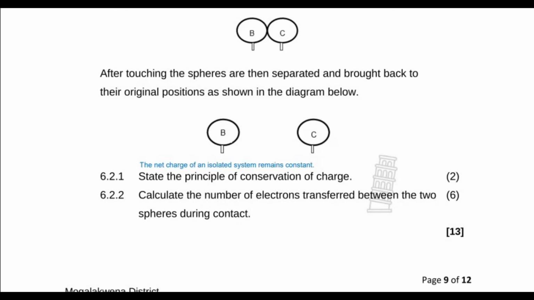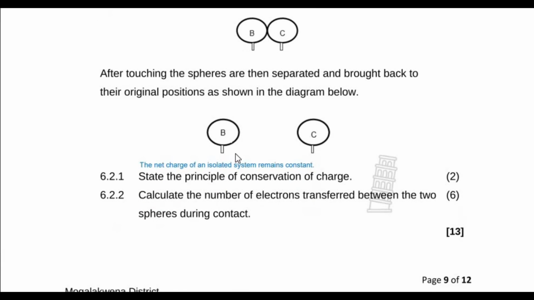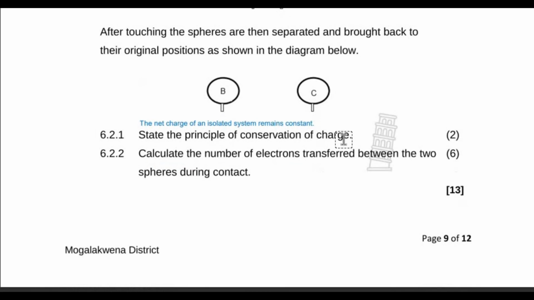If you add the two charges before and after they touch, it will remain the same. This is irrespective of the charges on each sphere changing after touching. The net charge in that system remains the same. So we've done that. We got our 2 marks.